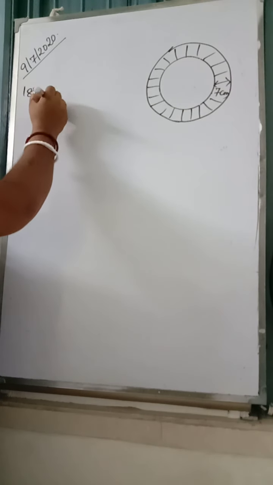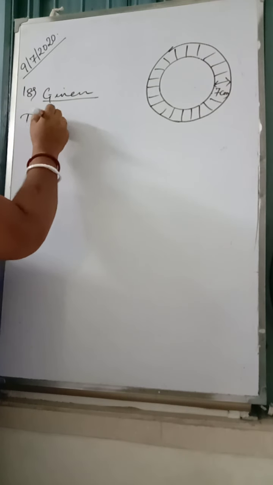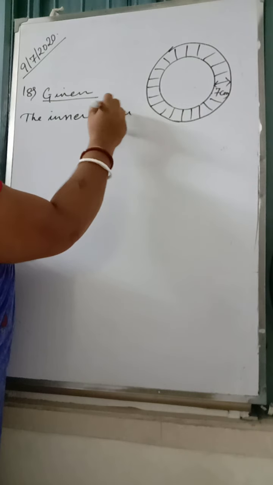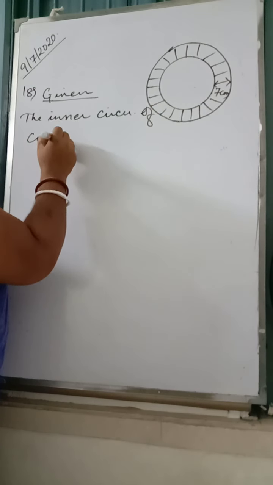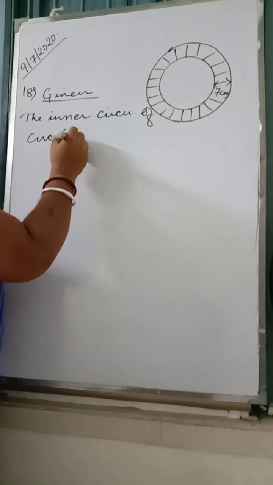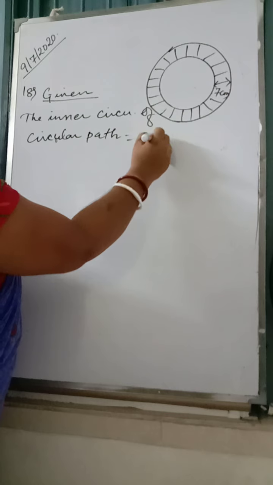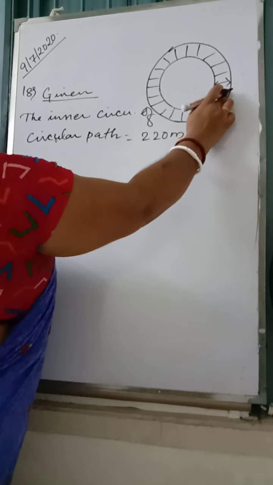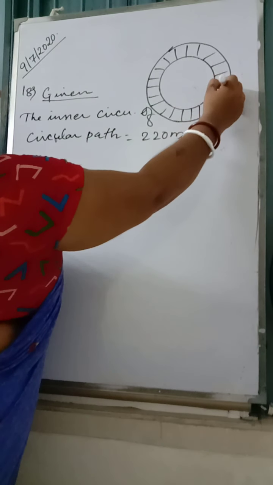Okay. Question number 18. Given the inner circumference of the circular path is equal to 220 meter. This is 7 meter, dear, not centimeter. This portion is 7 meter, okay?